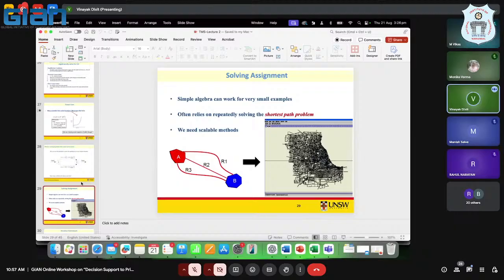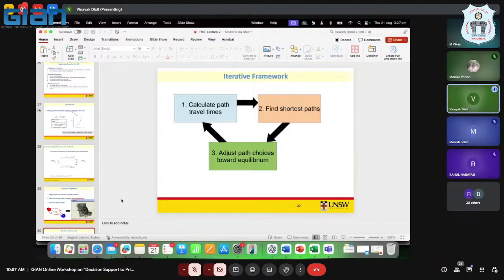So you do the shortest path problem, move a little bit, then you move things around, and then you create a scalable method. So you calculate your path travel times, find shortest paths, adjust path choices towards equilibrium, and calculate path travel times. So this is basically the iterative framework through which we work.